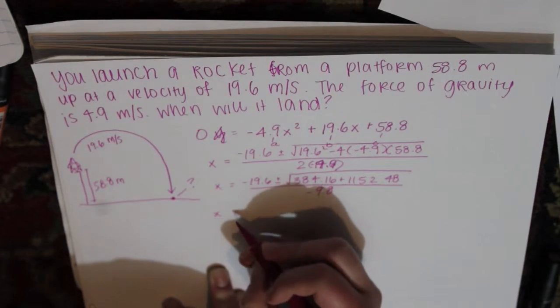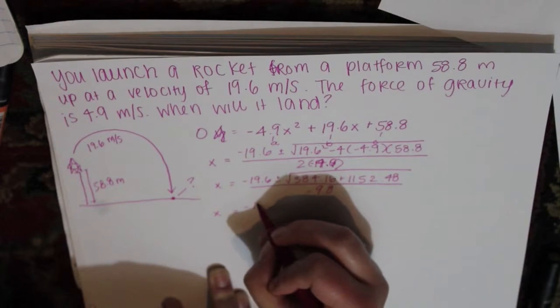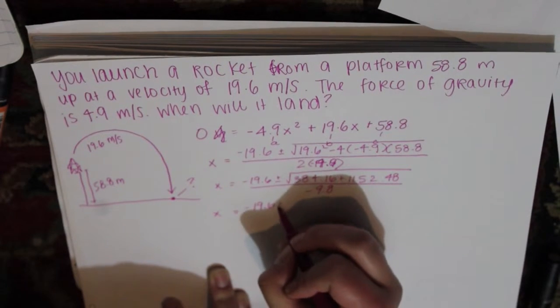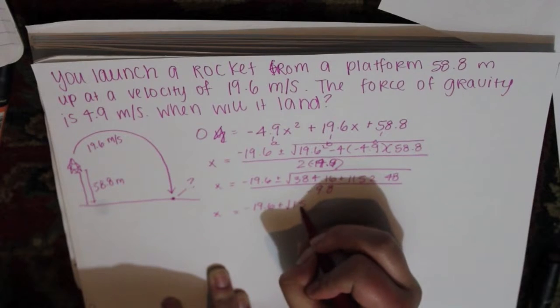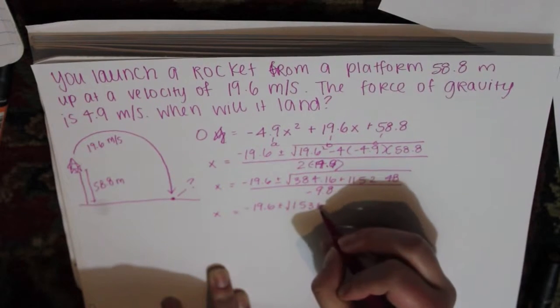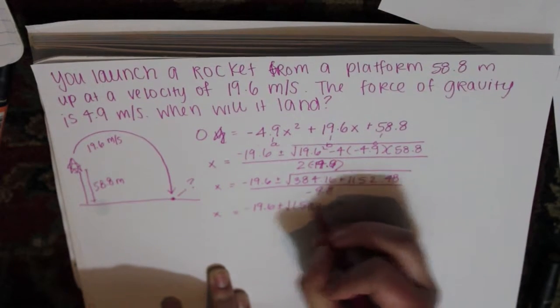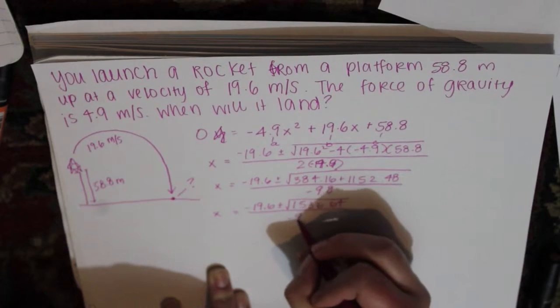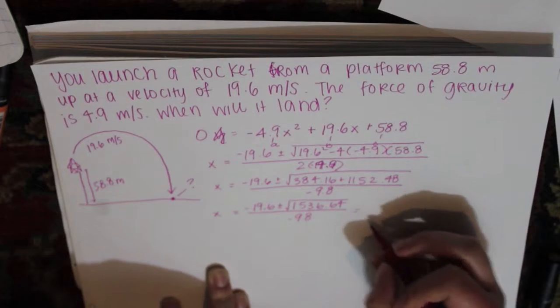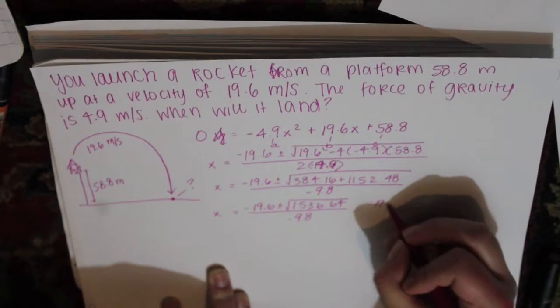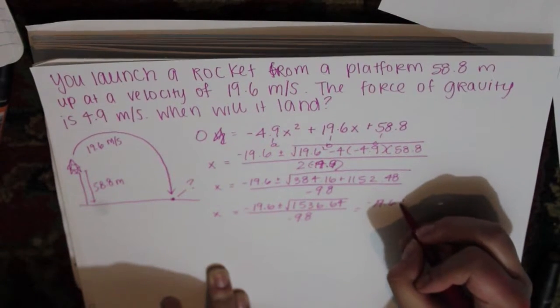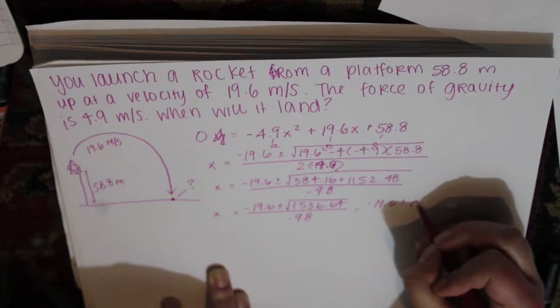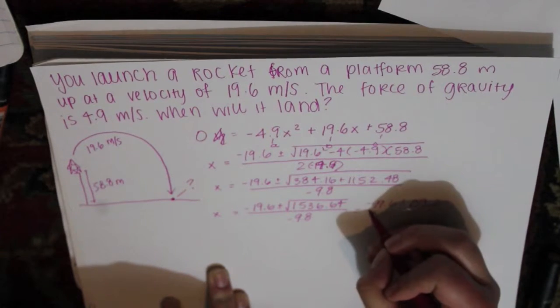Then we can solve on it and say x equals negative 19.6 plus or minus radical 1536.64 all over negative 9.8, which comes to a final negative 19.6 plus or minus 39.2 over negative 9.8.